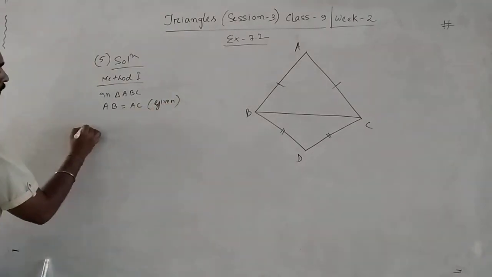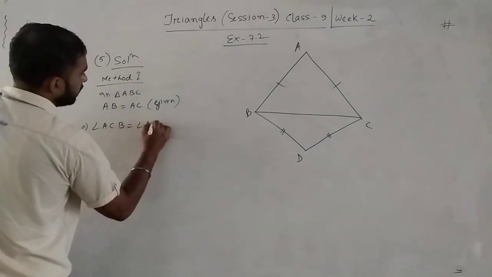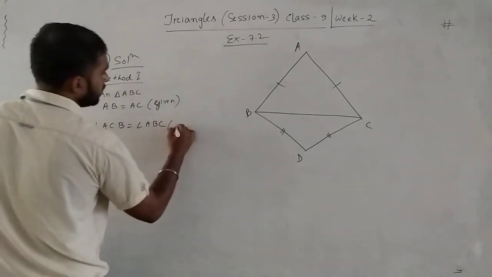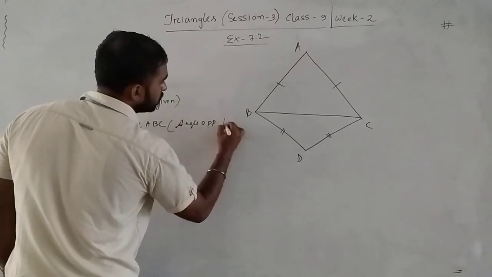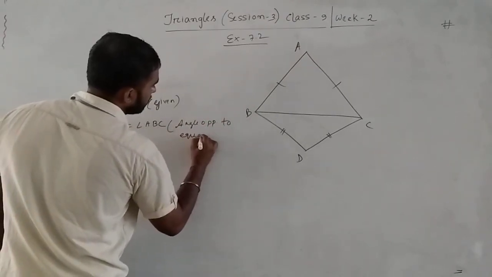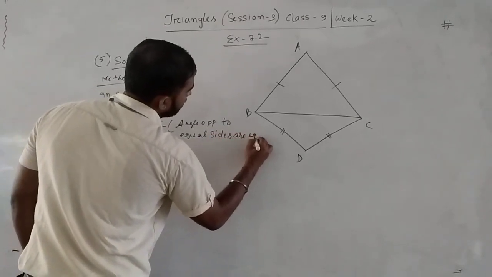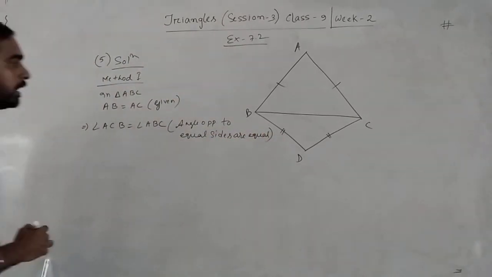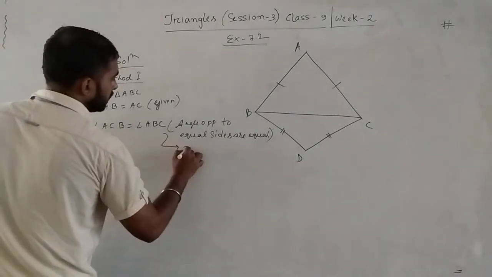So if AB equals AC, then angle ACB equals angle ABC. Reason: angles opposite to equal sides are equal. And this is equation number 1.